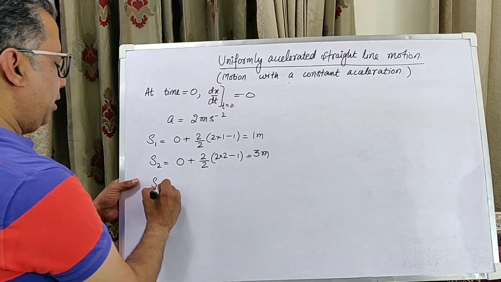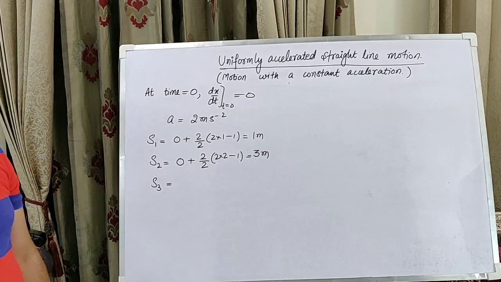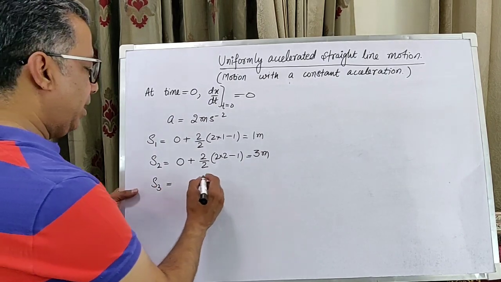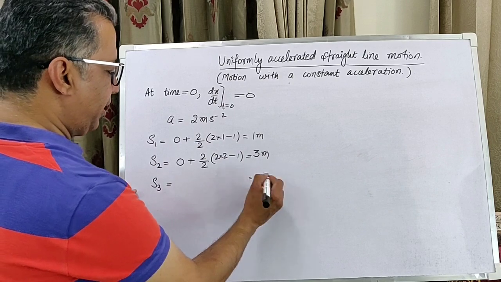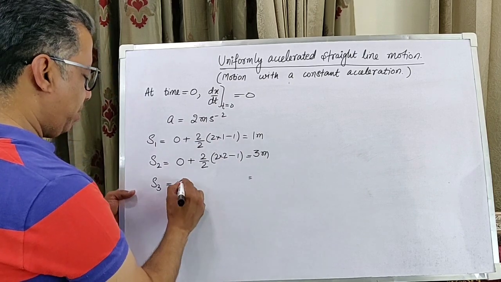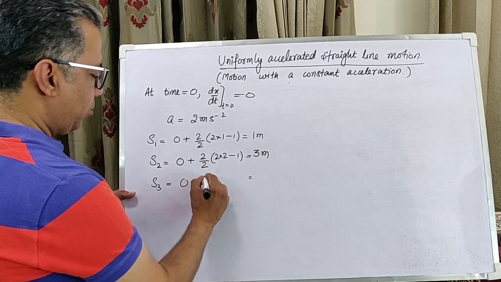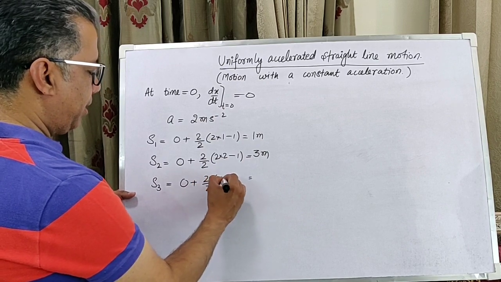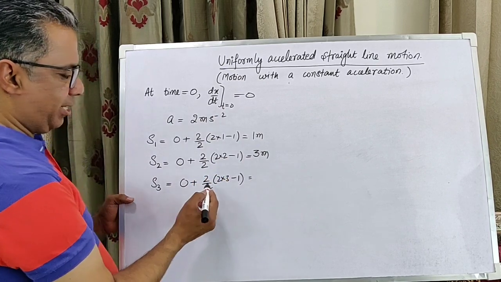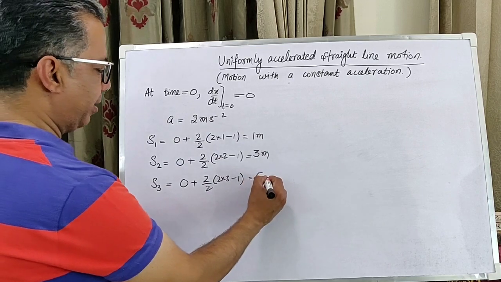Then S3, the displacement in the third 1 second interval. I leave these calculations, maybe I'll calculate this time. So 2 by 2 into 2 into 3 minus 1, and what do we have now? 5 meter.